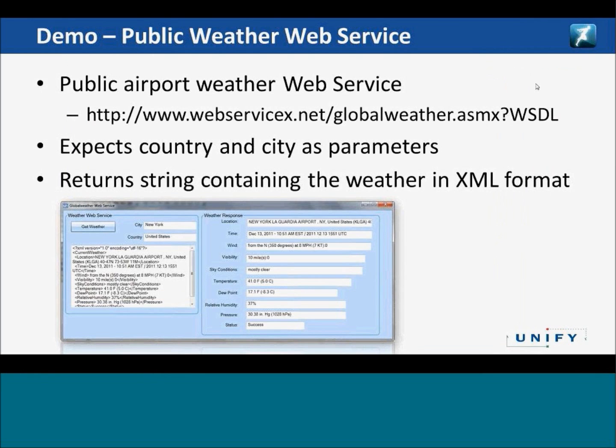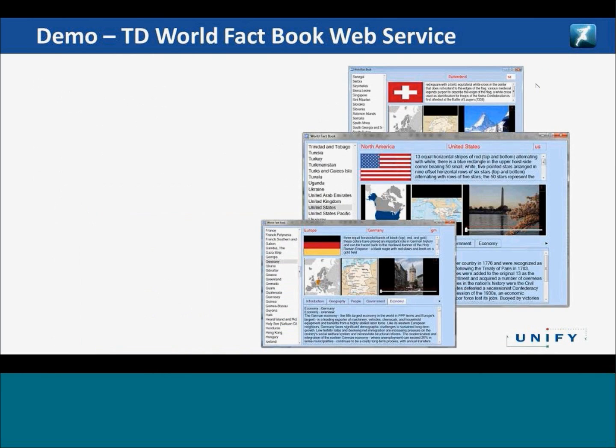Then let's continue with that presentation. The next demonstration is the World Factbook web service. The World Factbook web service is being hosted in Roseville, California. I'm sitting here in Munich, Germany, and I'm going to consume that host. And that host provides operations like a list of countries and country flag.